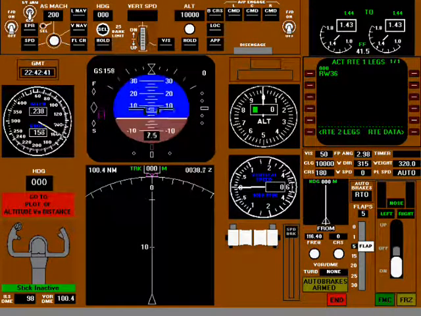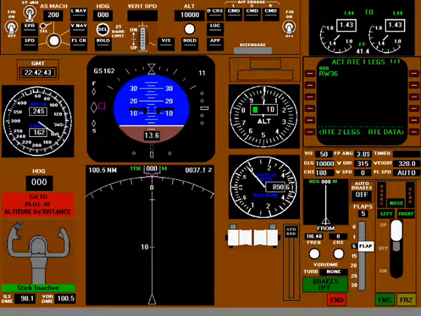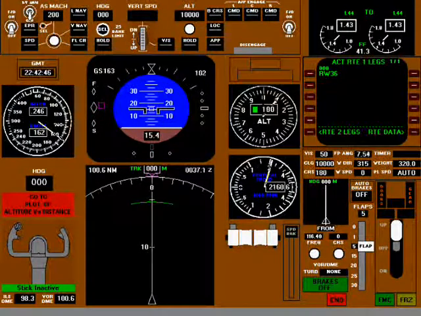Rotation, liftoff, positive climb, gear up, and initial climb at 161 knots.